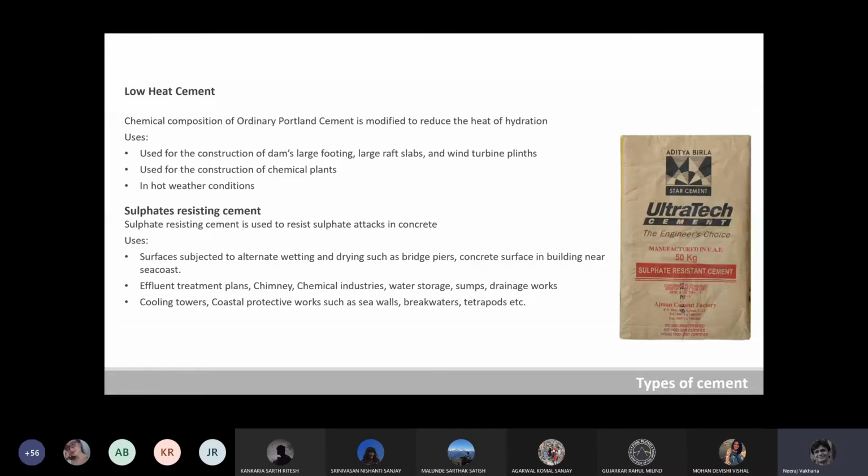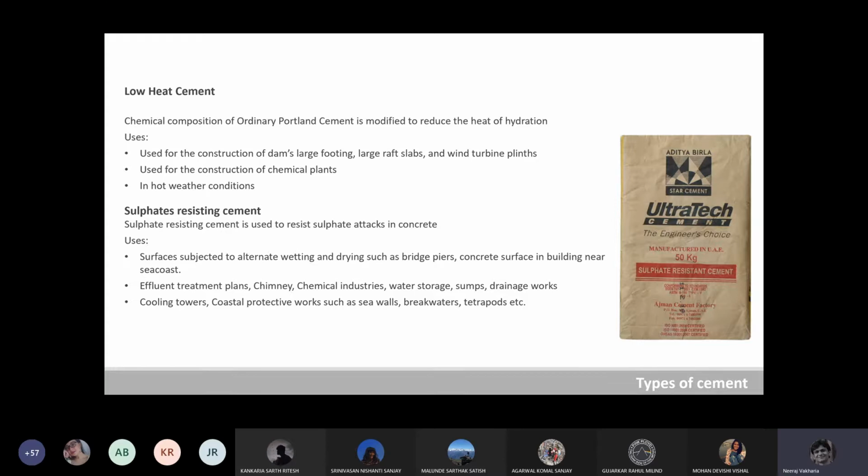Then effluent treatment plants, chimneys, or chemical industries, where chemicals are going to be in contact with the structural elements, there again we try to use this sulfate resisting cement. Cooling towers and coastal protective works such as sea walls, breakwaters and tetrapods all require protection from sulfate. So there we use this kind of cement.